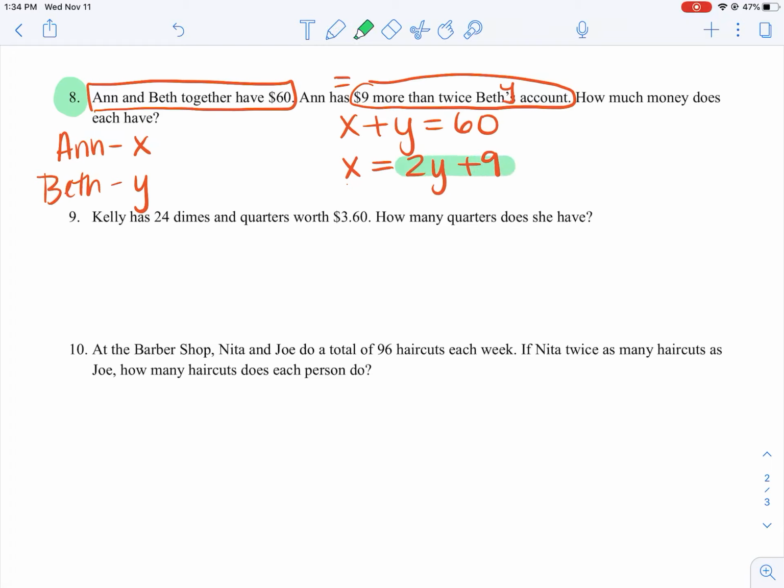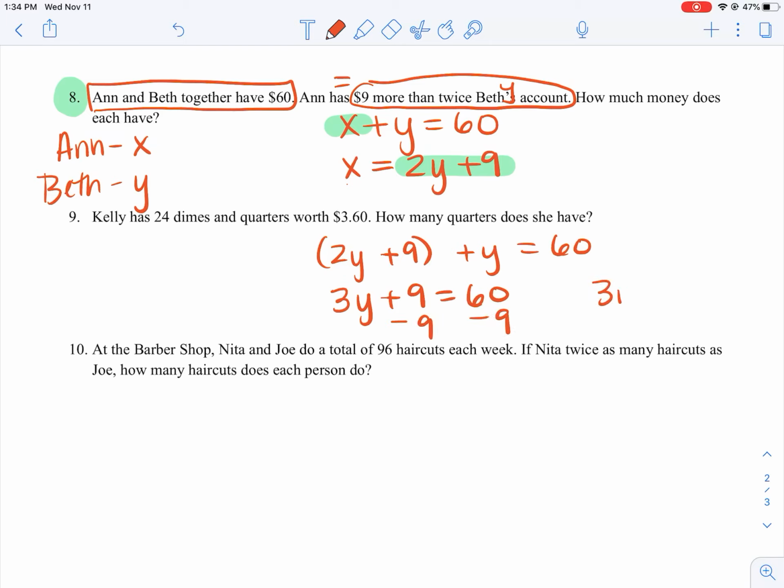This looks like a great candidate for substitution. So I'm going to take this and plug it in for X in the above equation. So I'm going to have 2Y plus 9 plus Y equals 60, which is really 3Y plus 9 equals 60. And then when I subtract 9, I get 3Y equals 51. And when I do that, I get 17.